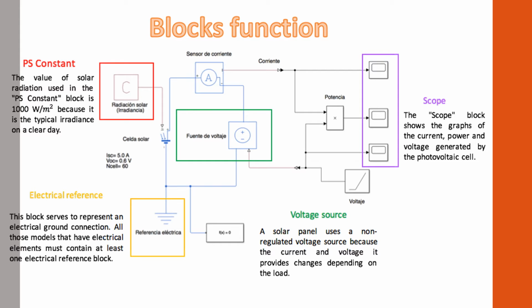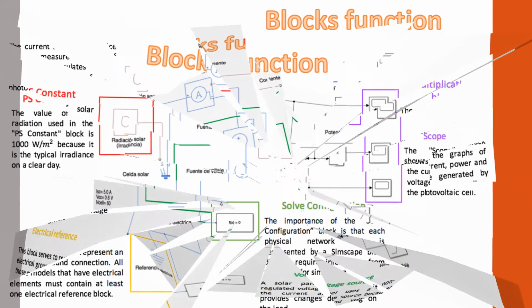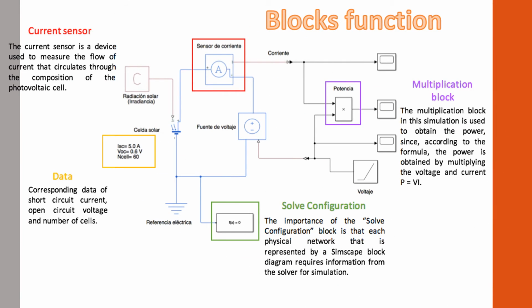The next block is the scope. The scope block shows the graphs of the current, power, and voltage generated by the photovoltaic cell. The next block is the current sensor. The current sensor is a device used to measure the flow of current that circulates through the photovoltaic cell.